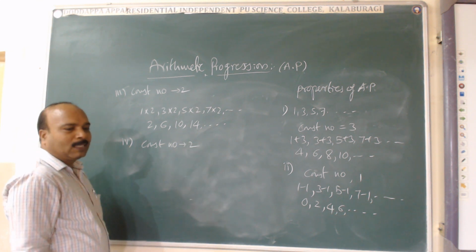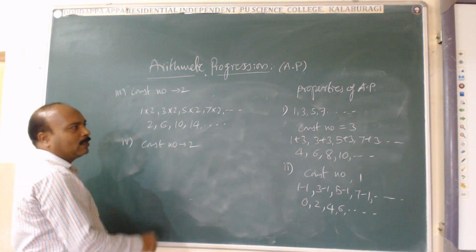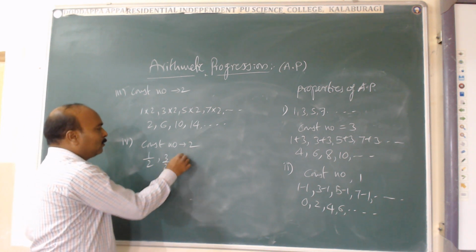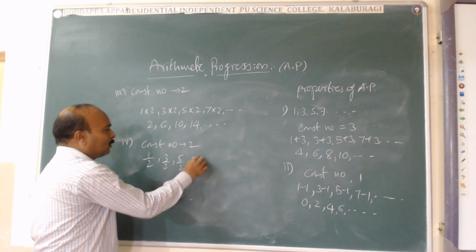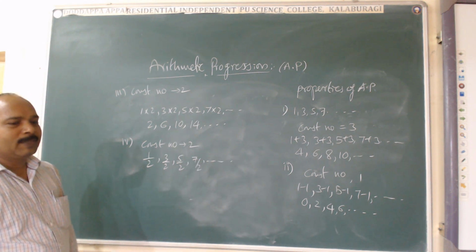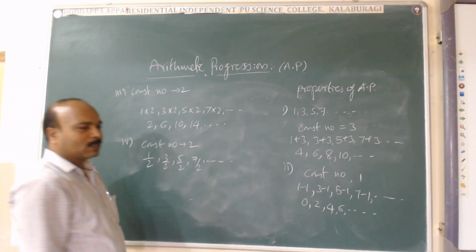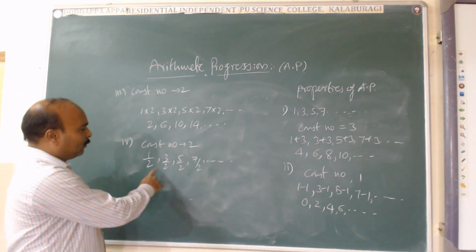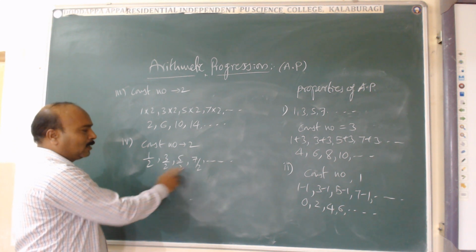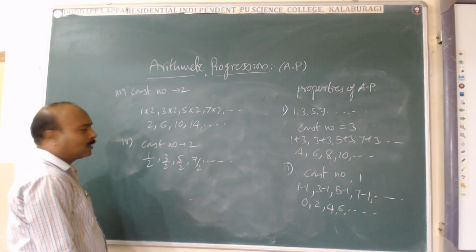Now I divide every term by 2 for this given AP, then it changes to 1 by 2, 3 by 2, 5 by 2, 7 by 2, and so on. So it is also an arithmetic progression, because here we check the common difference: A2 minus A1, A3 minus A2, A4 minus A3, like that.